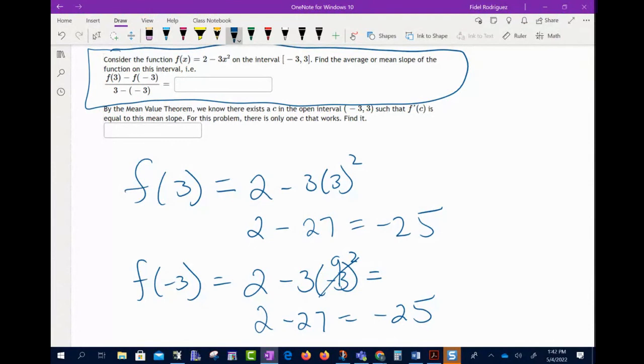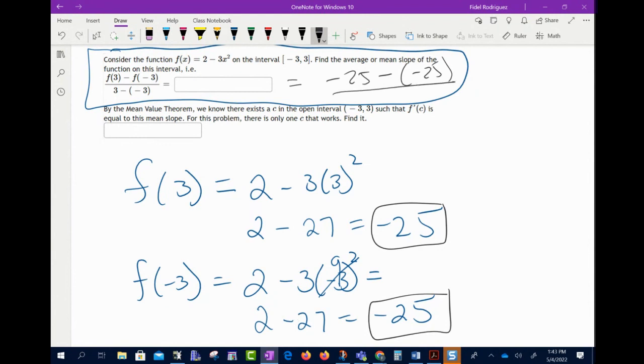Okay, so look, for the top part here, you guys, we're going to plug in this number, negative 25, minus this number here, a negative 25. 3 minus negative 3 becomes 3 plus 3, which is 6. Minus and minus become plus. Anybody know what a negative 25 and a positive 25 cancels out to? 0. So 0 divided by 6 is still 0, right? Okay, so look, for the first part, guys, we came up with a 0.